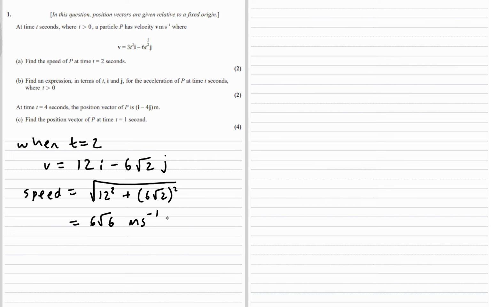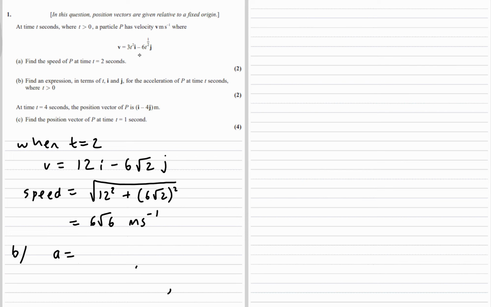Part B, find an expression in terms of i and j for the acceleration of P at time t seconds. So to go from velocity to acceleration, we need to differentiate. Acceleration is dv/dt.